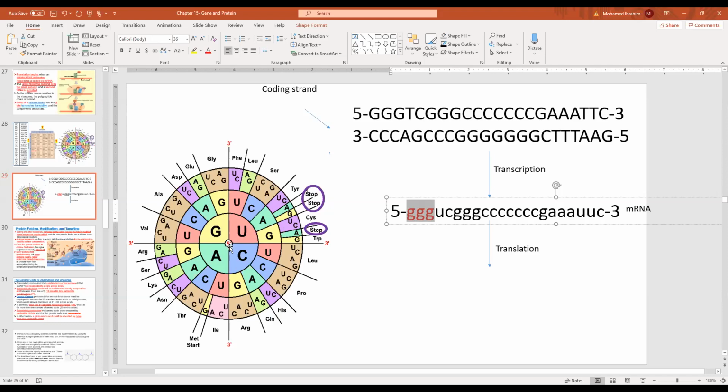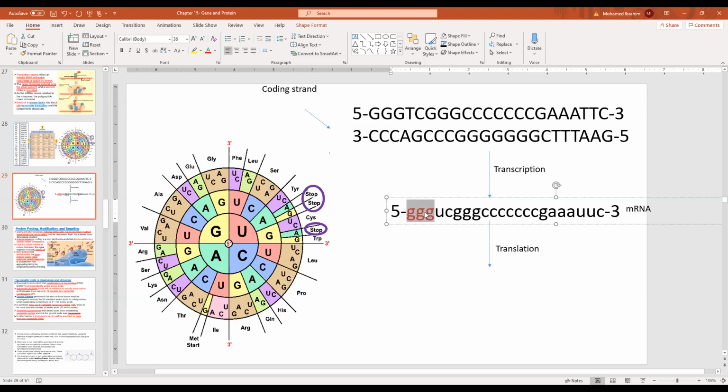This is where to start reading, 5' end to 3' end. So reading from the inner circle first, then the middle, then the outer.